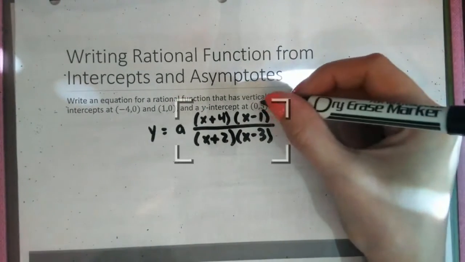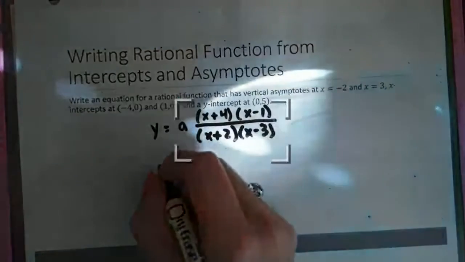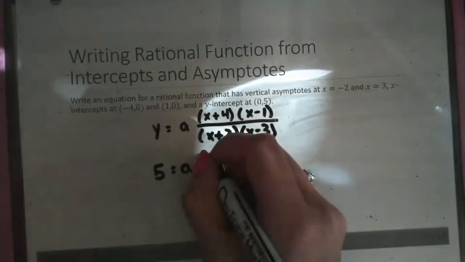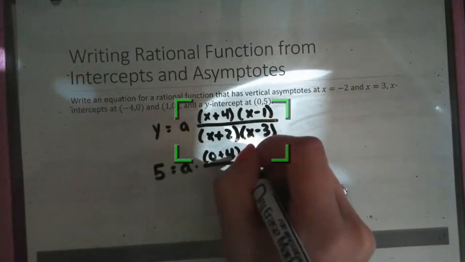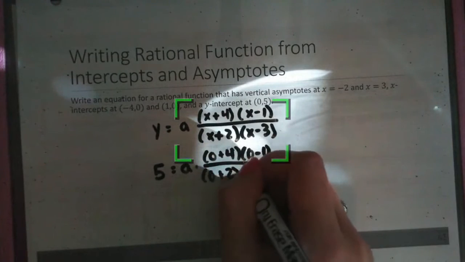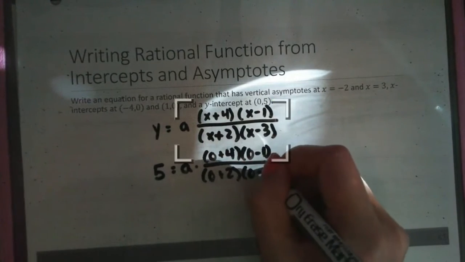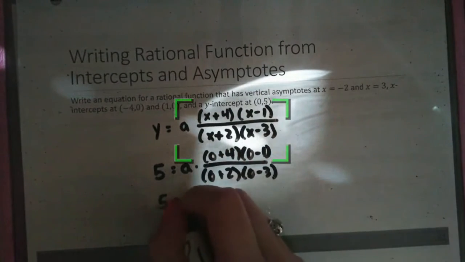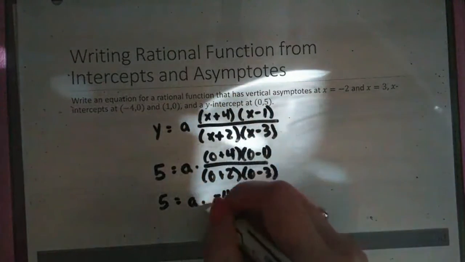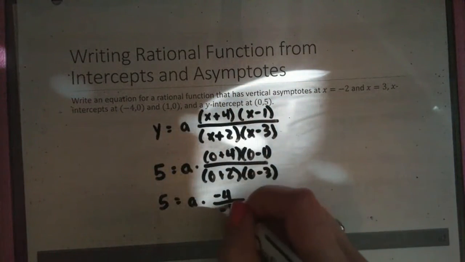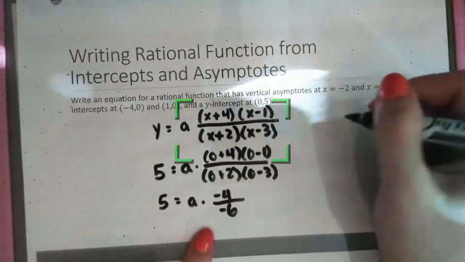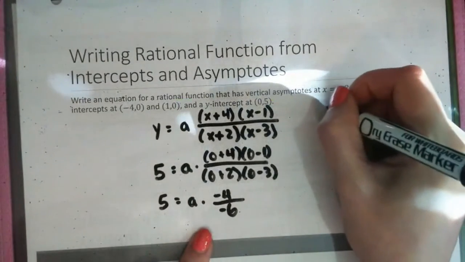So if I plug in x equals 0, y equals 5, we get 5 equals a times the fraction, (0 plus 4) times (0 minus 1), over (0 plus 2) times (0 minus 3). So 5 is equal to a times 4 times negative 1 is negative 4, 2 times negative 3 is negative 6. So 5 equals a times negative 4/6.